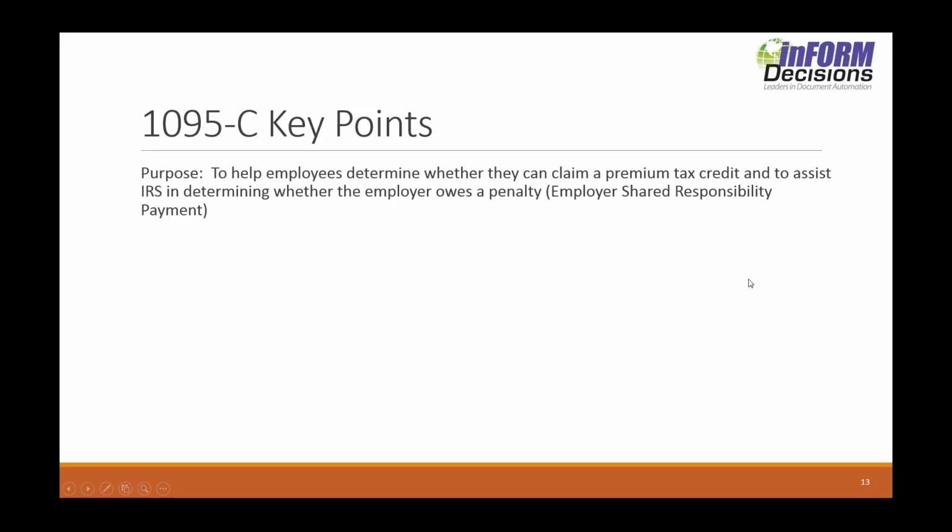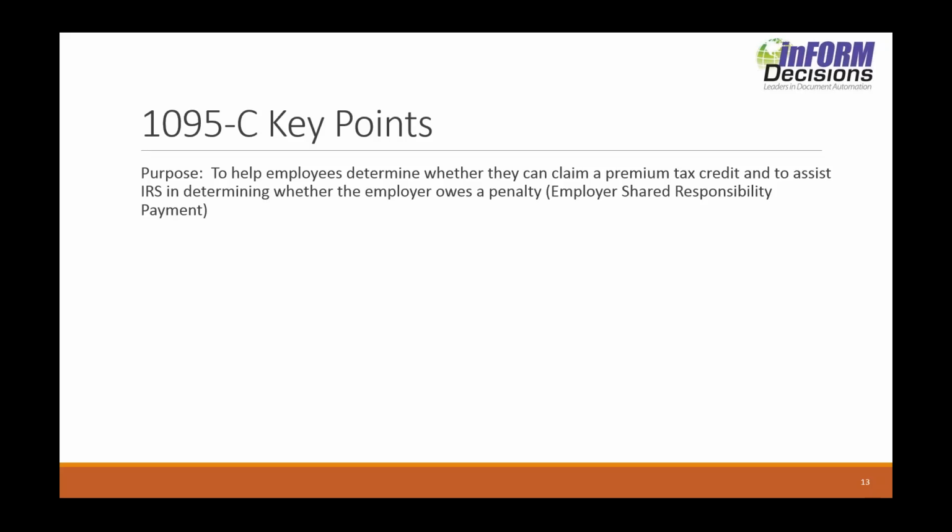The 1095C key points, again, is to help the employees determine whether they can claim a premium tax credit and to assist the IRS in determining whether the employer owes a penalty. Keep in mind the employer's responsibility to offer the minimum essential coverage is separate from filing these forms. These forms do need to be filed.